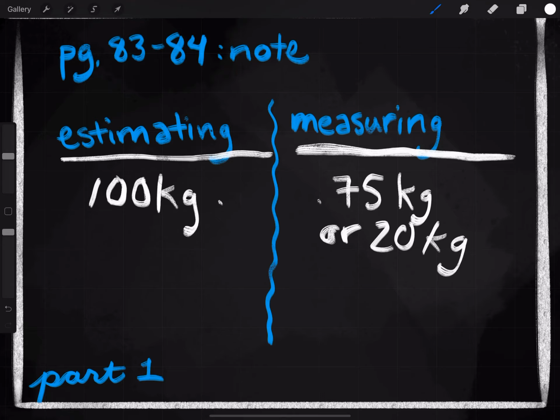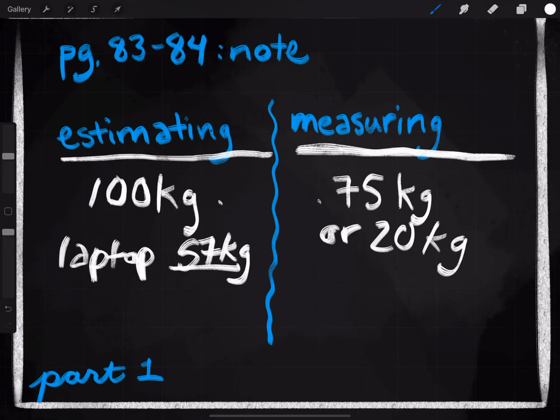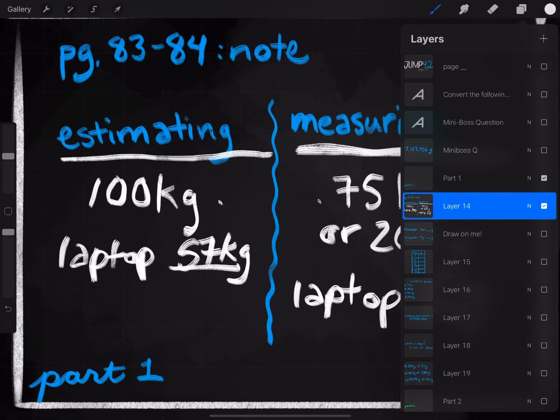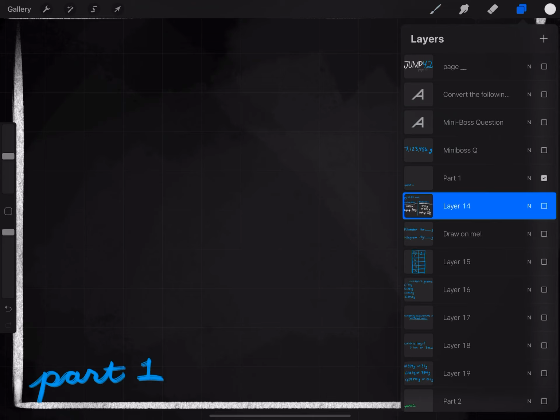So if it says measure your laptop, first you might guess, my laptop weighs 57 kilograms. And then you weigh it. You say, oh, my laptop weighs 2 kilograms. So it's just to see if your estimate was close. Hopefully that will make sense when you get to that part.